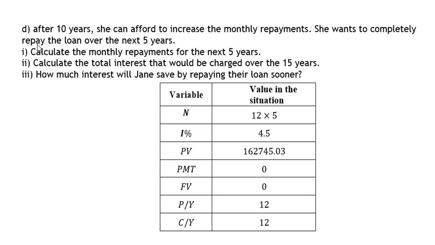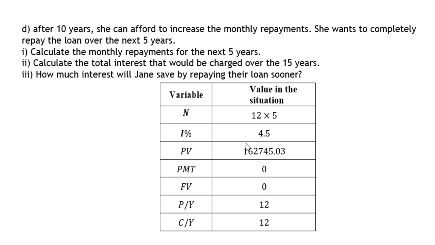Now let's go to D. After 10 years, she can afford to increase the monthly repayments. She wants to completely repay the loan over the next 5 years. For 1, calculate the monthly repayments for the next 5 years.